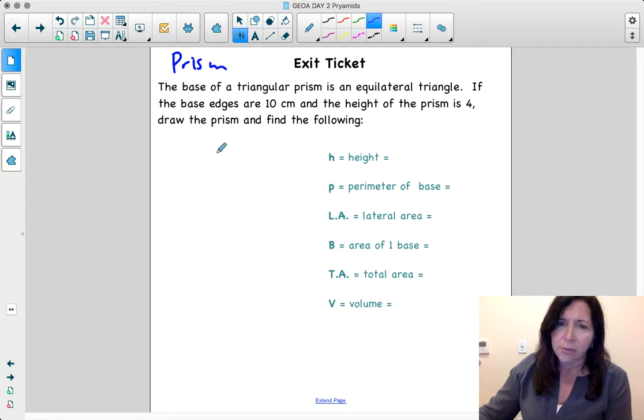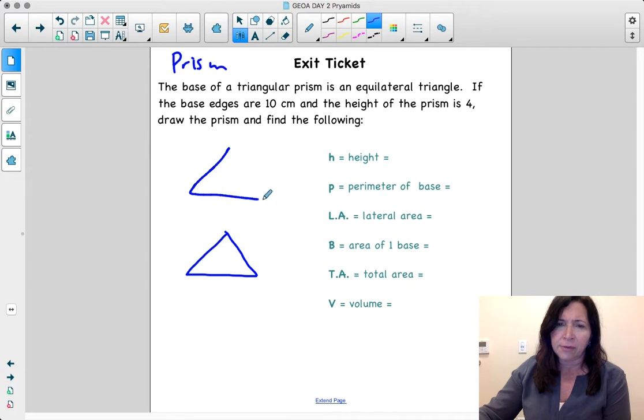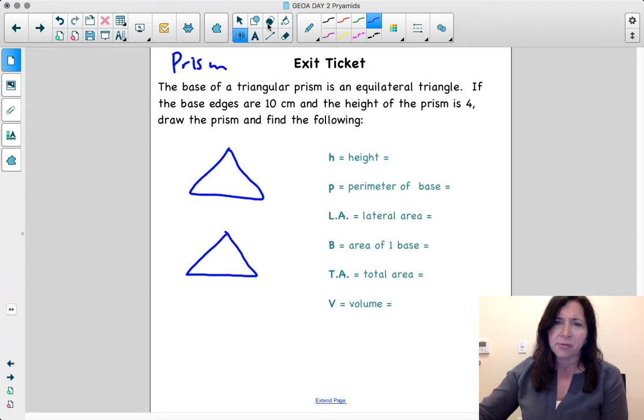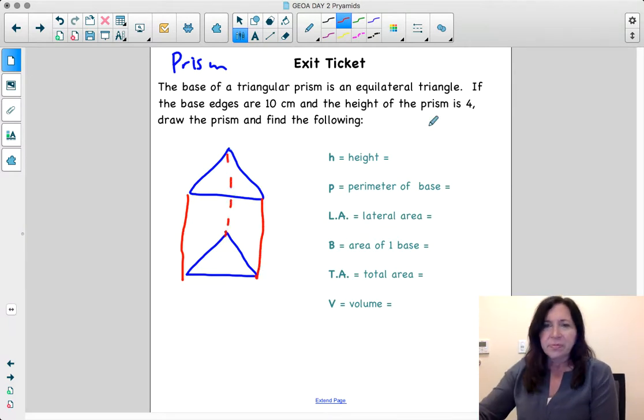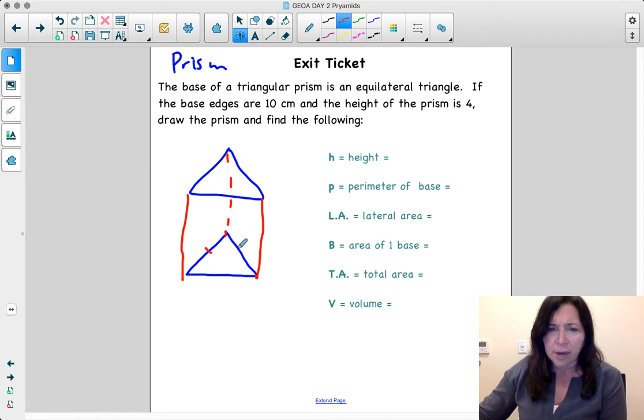So a triangular prism has an equilateral triangle as the base. I'm going to make 2 equilateral triangles like this, because remember, for making a prism, the bases need to be exactly the same shape. Check. And so I'm going to connect those. It's an equilateral triangle like that.